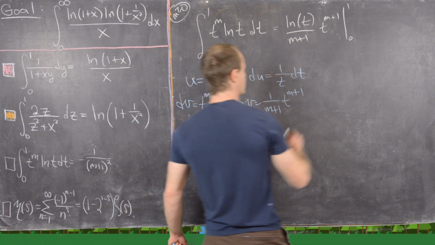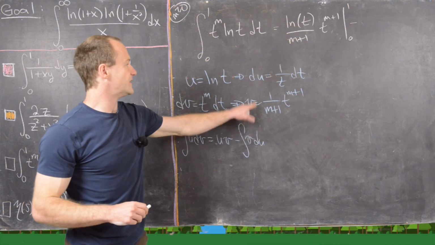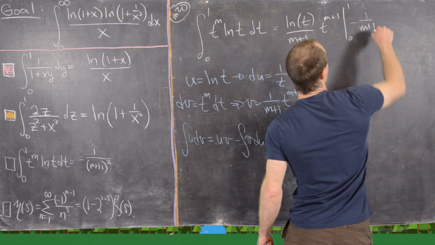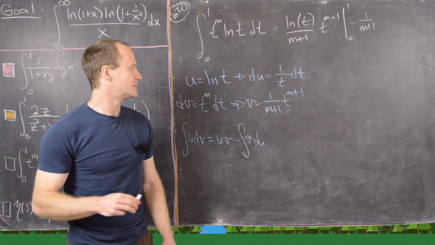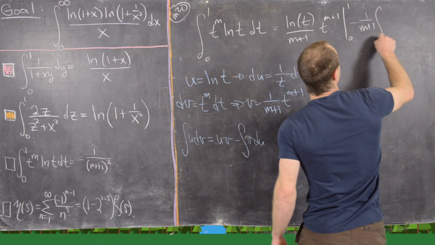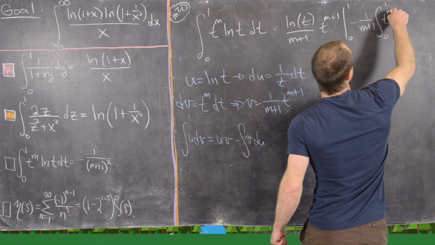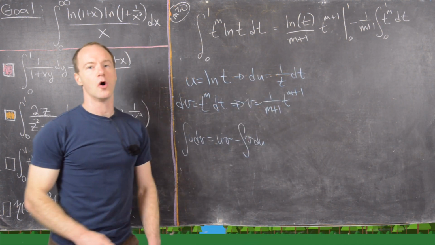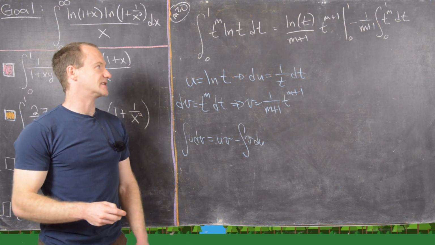And then we will subtract from that the integral of v du. So notice that is going to be 1 over m plus 1. I can bring that out of the entire thing. And then the integral from 0 to 1 of t to the m dt. So notice we have t to the m plus 1 over t, which just makes t to the m.